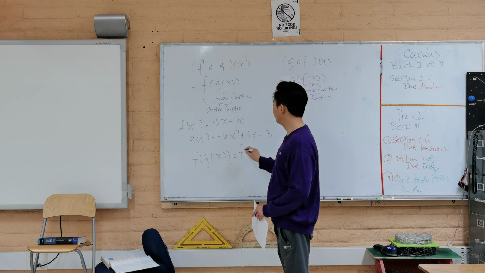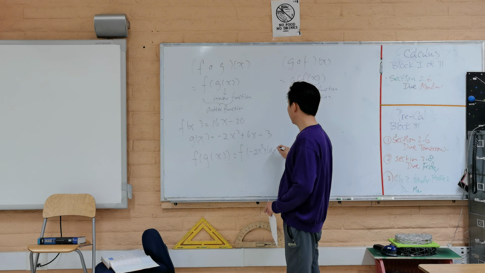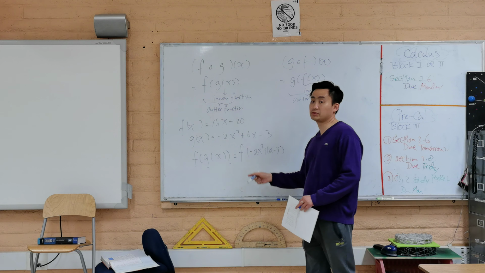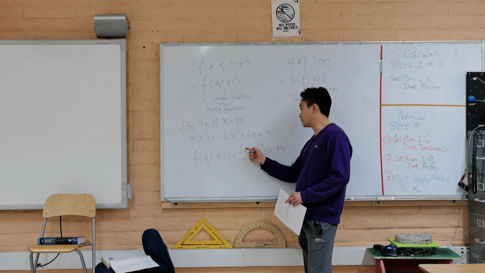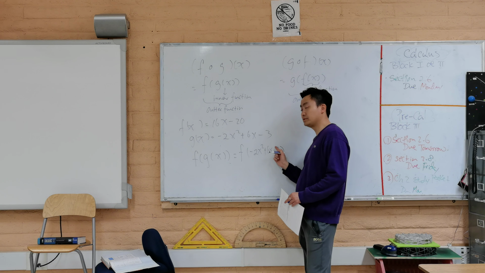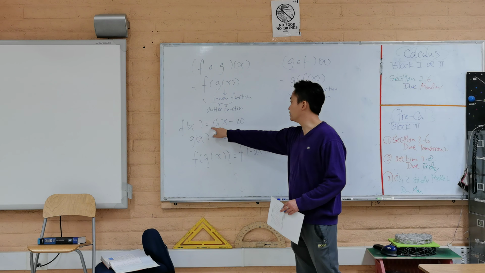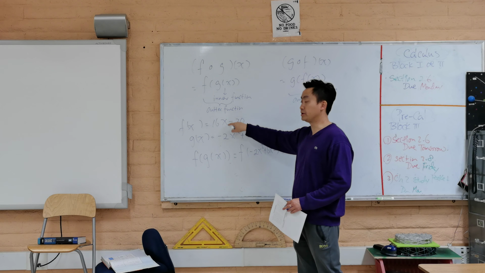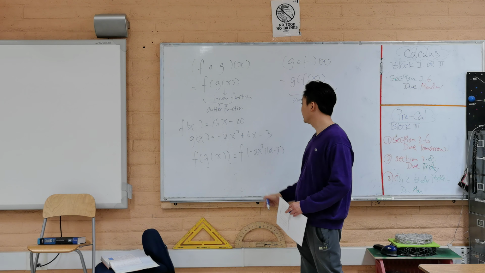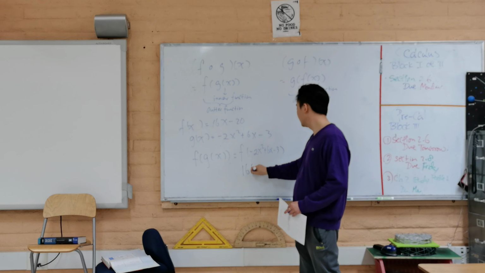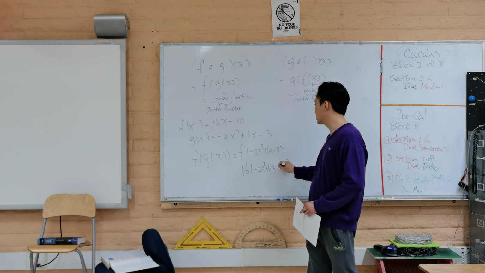So it's written as f of negative 2x squared plus 6x minus 3. Now, got to be careful with this. If there's no sign in between, it doesn't mean that you have to multiply. It's just a composition, so you want to put one function into another function. So for f of x, instead of using x here, we're going to replace that x with this whole quantity. So it's going to be written as 16 times the quantity of negative 2x squared plus 6x minus 3.